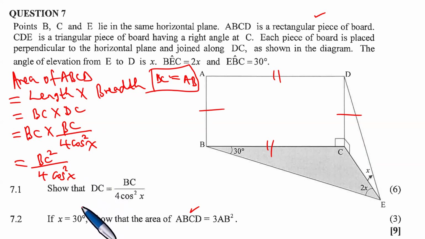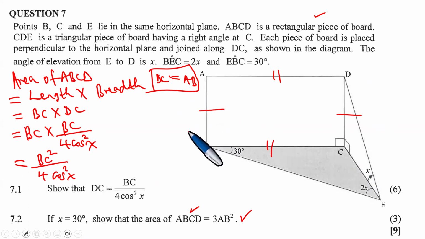But how is BC related to AB? You must actually show that the area is 3AB squared. To show that it is 3AB squared, which is the area of ABCD, you need to recall that DC is AB.